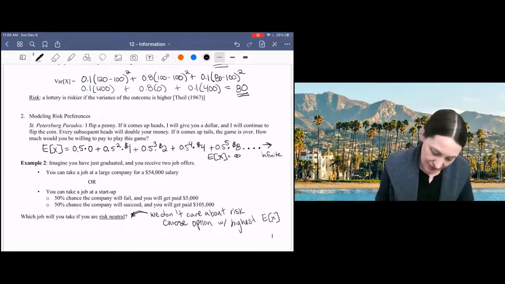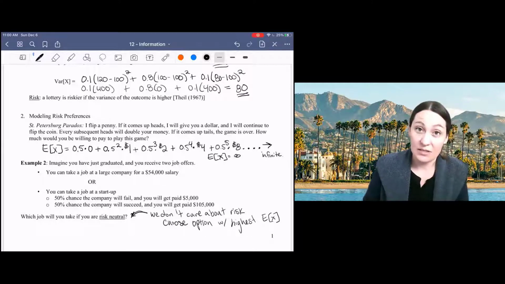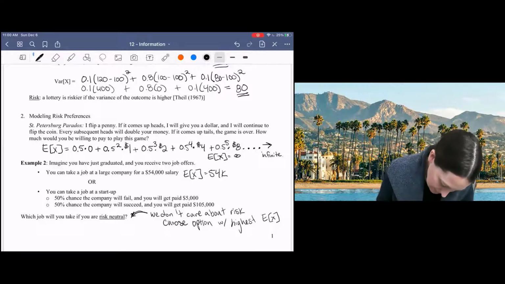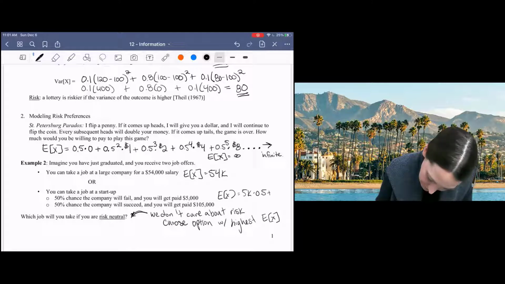All right, so what's the expected value of each of these salaries? Well, the first one is obviously you get $54,000 with certainty. The second, you get $5,000 with probability 50% plus $105,000 with a probability of 50%. So that gives me $55,000.